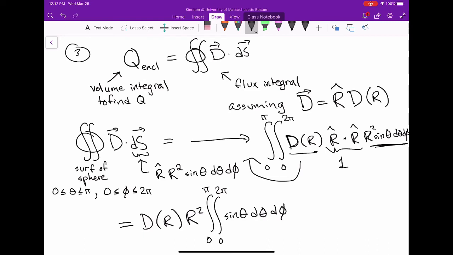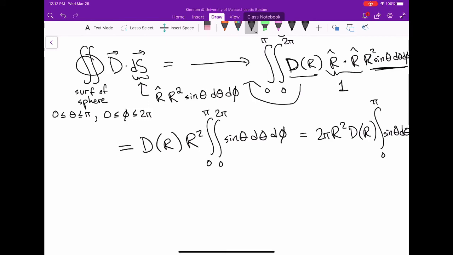The integral d phi just gives us another factor of 2 pi. So we're left with the theta integral to evaluate.